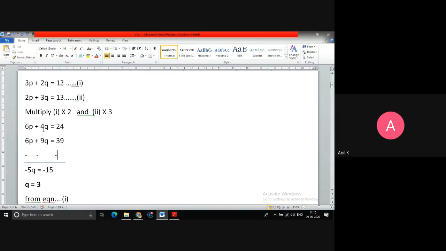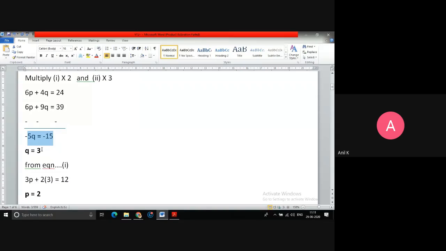That will be 0. 4Q minus 9Q is minus 5Q. 24 minus 39, after changing the signs, 39 will become minus 39. So 24 minus 39 will be minus 15. If I simplify here, minus minus will get cancelled on both sides. 5 will go into 15 3 times. So the Q value is going to be 3.